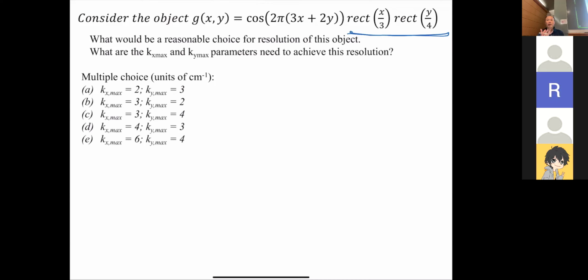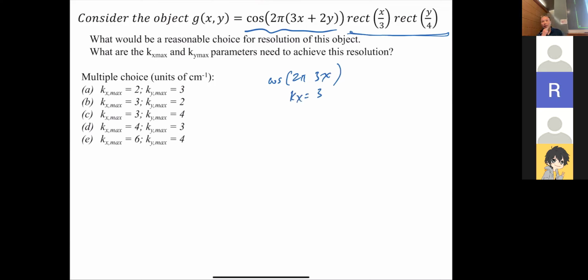Right. So now I need to think about what resolution I would need for this object. Therefore, it's going to be what the frequencies are in this part of the object. Let's just look at the cosine 2 pi part. Let's say I just look at cosine 2 pi 3x. That has a kx of 3.